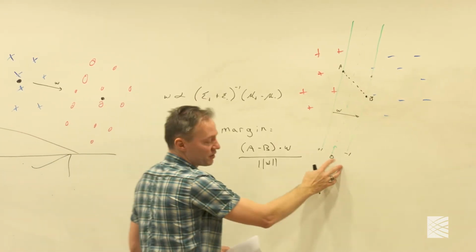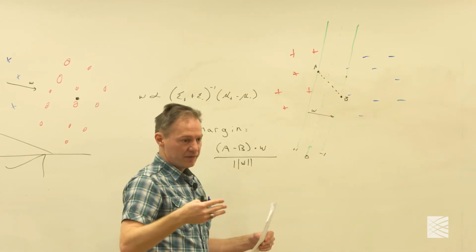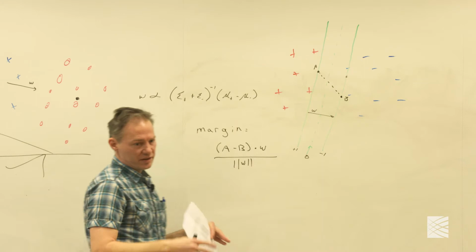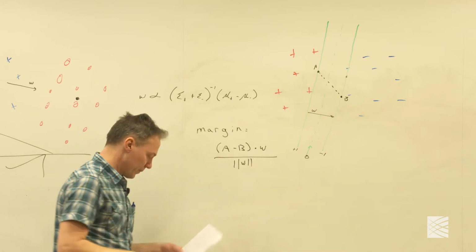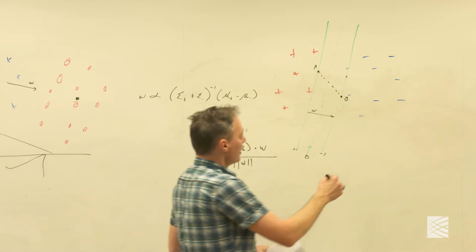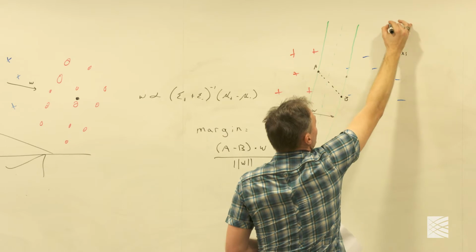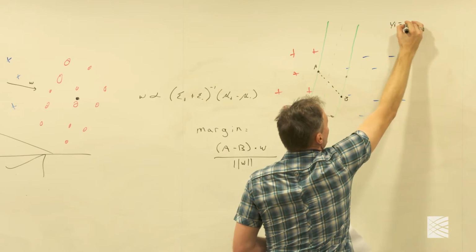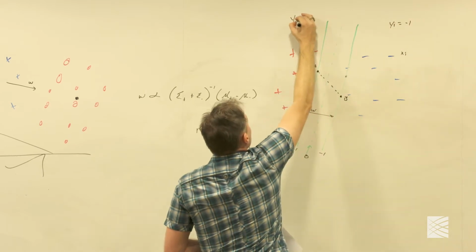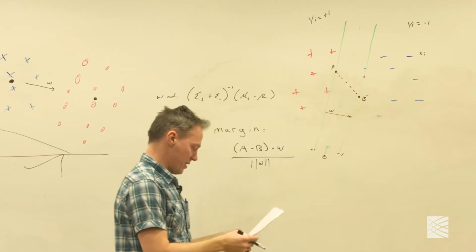And then anything bigger than 0 or less than 0 is classified as positive or negative, and anything beyond the margin is larger than 1, so well classified. We assumed it's separable, so what we're going to require is that if this is xi, and these are all yi, their label equals -1, yi equals +1.